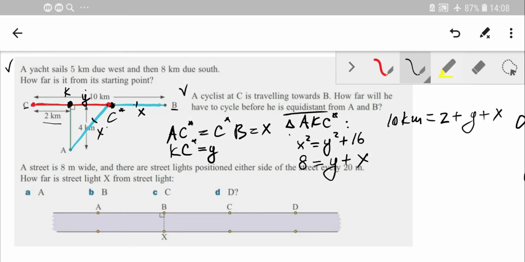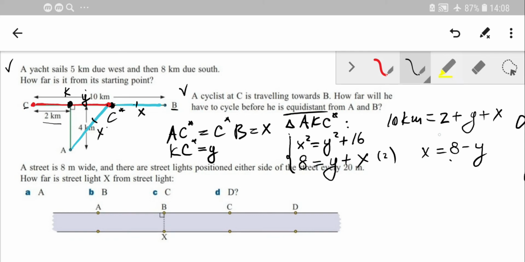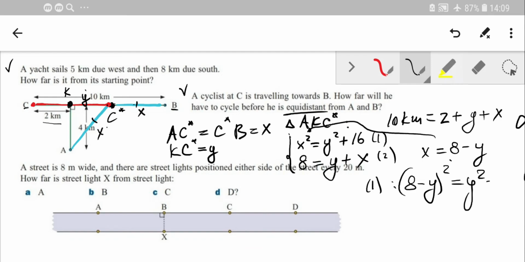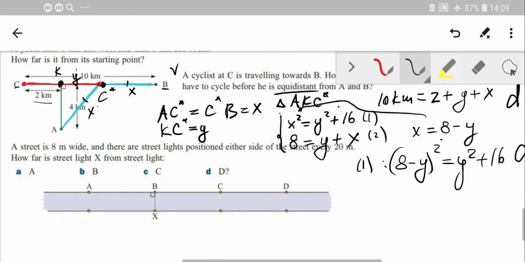So that's why we consider this equation and this as the system of equations. From the second equation we can express x as 8 minus y and just plug it back into the first equation. After the plug-in, we'll have the following: 8 minus y squared equals y squared plus 16. Let's simplify that.